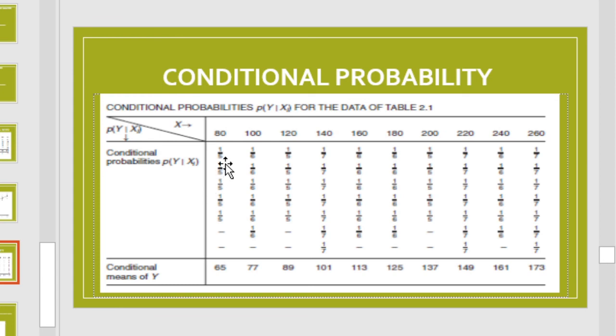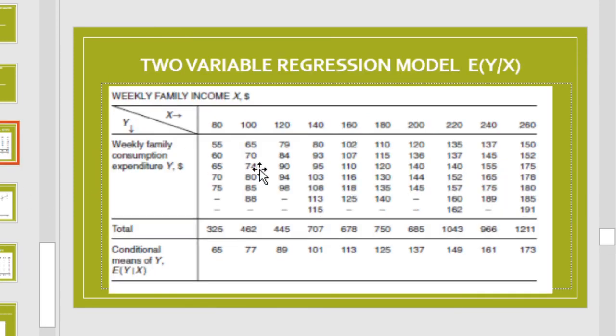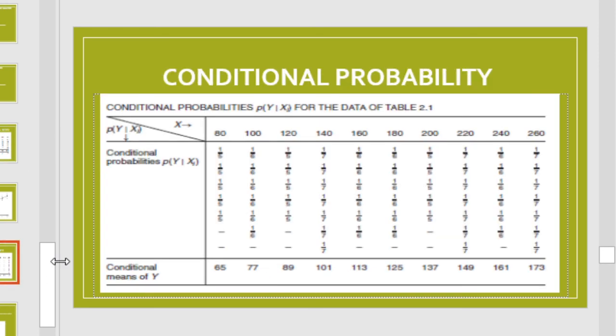It is written as 1 by 5, 1 by 5, 1 by 5, etc. In the second category we have 6 members, therefore the conditional probability is 1 by 6, 1 by 6, 1 by 6, and like that we can write down the conditional probability, that is probability of y given xi, for the total population of 60 families.